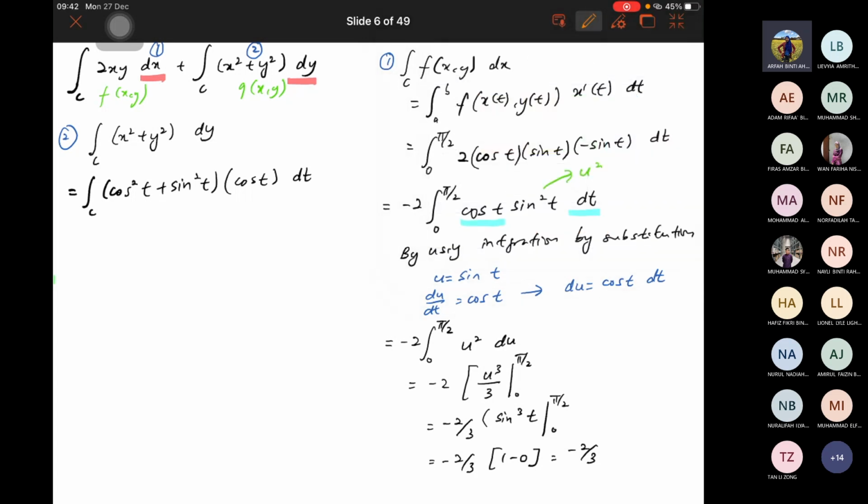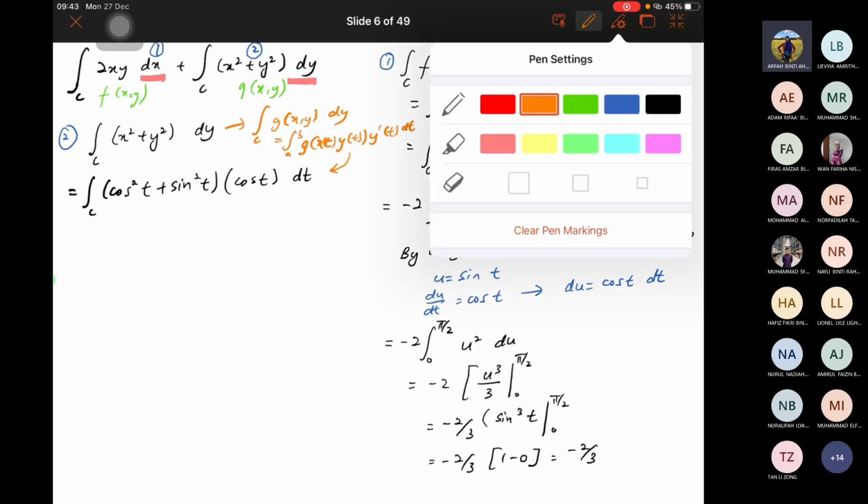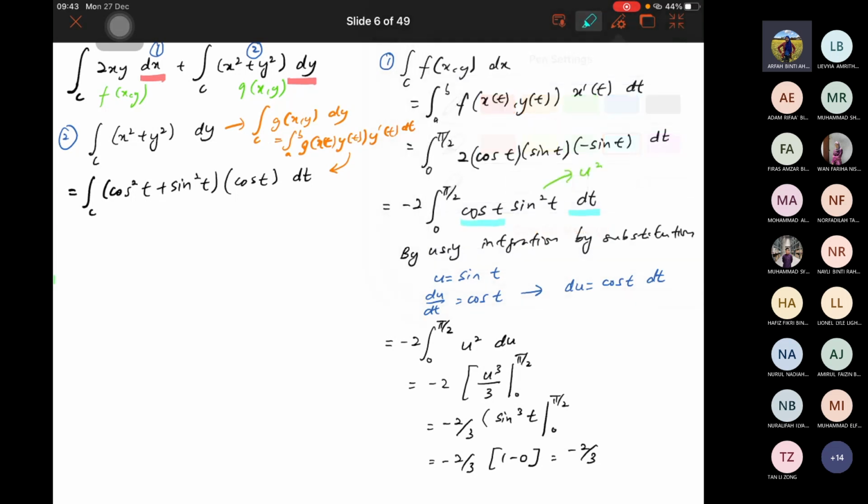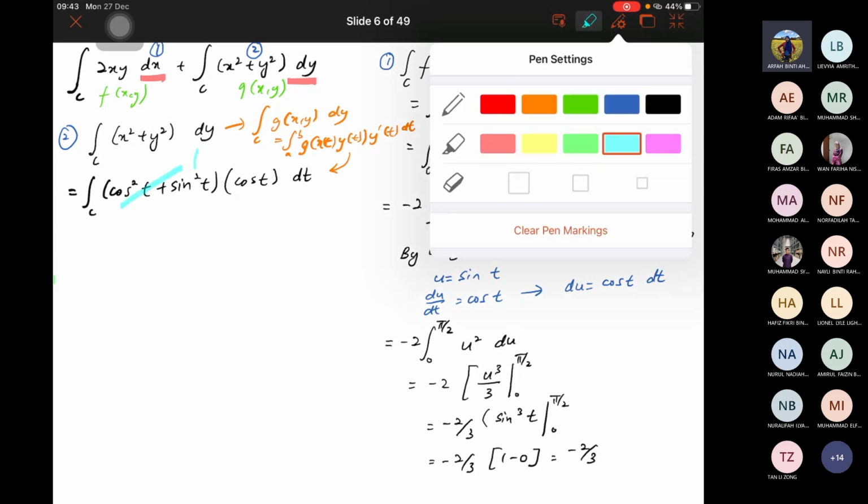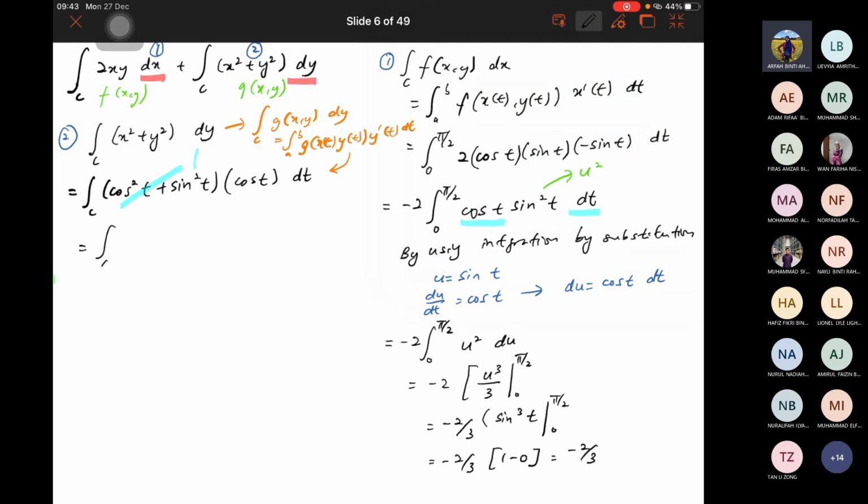Okay. This one, from the integration of g(x,y) dy, is the integration from a to b of g(x(t), y(t)) y prime t dt. So put it into that one. Cos squared plus sin squared becomes 1. So it will be integration over the curve C of cos t dt.